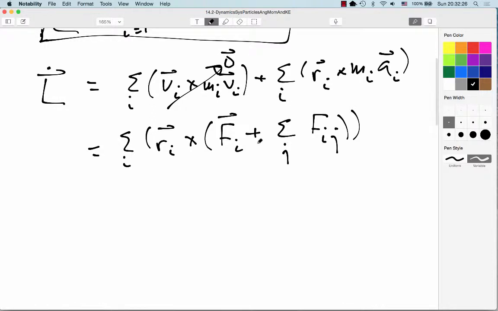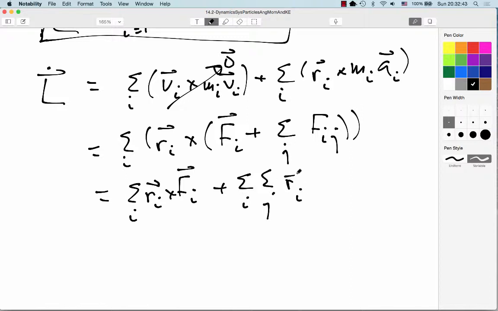So we'll distribute the cross product out. Sum over i, r_i cross F_i external, plus now the sum over i, sum over j, r_i cross F_ij. And we'll do that same dummy index summation trick, except this time it's not going to immediately drop to 0.